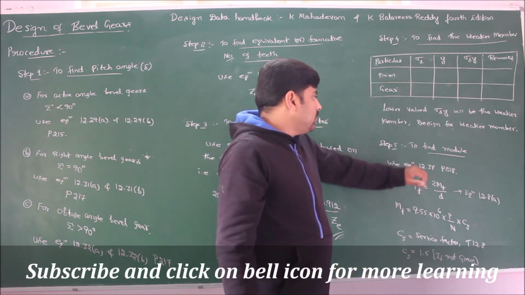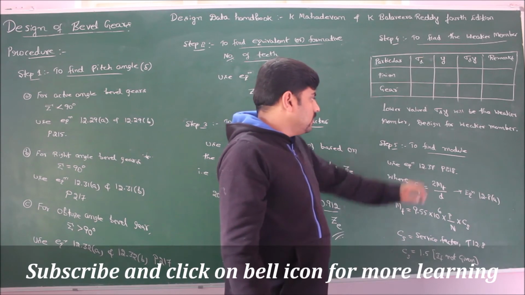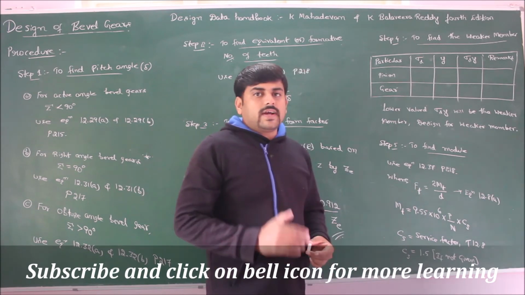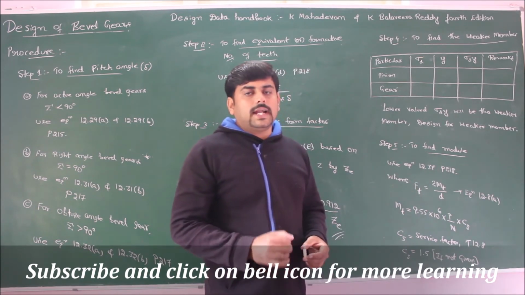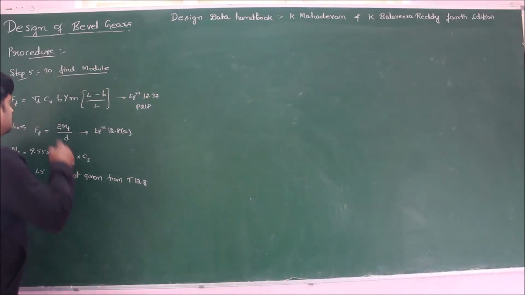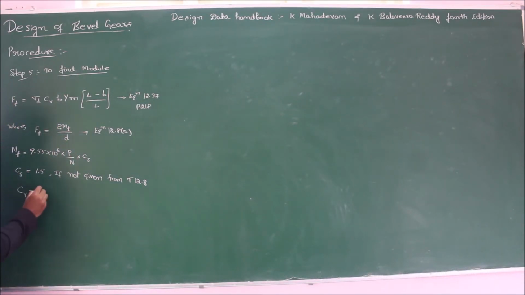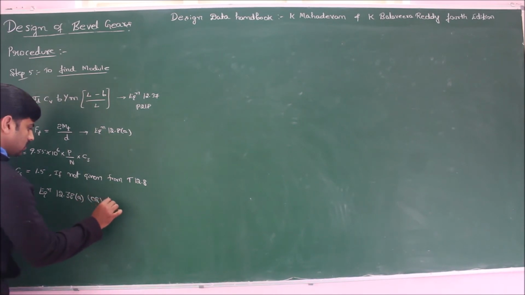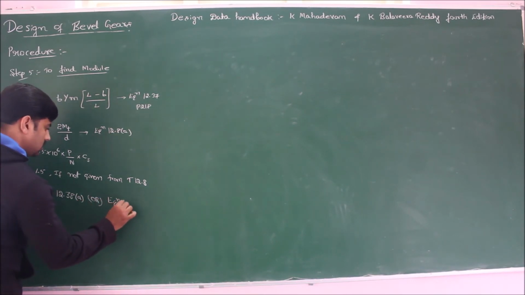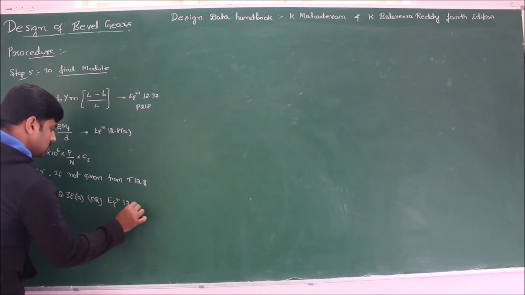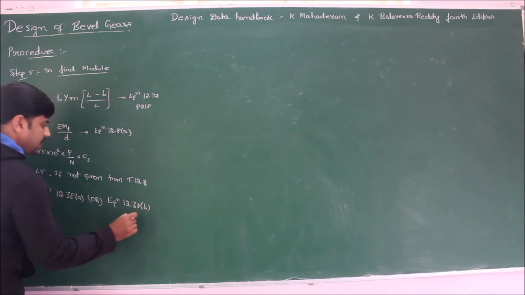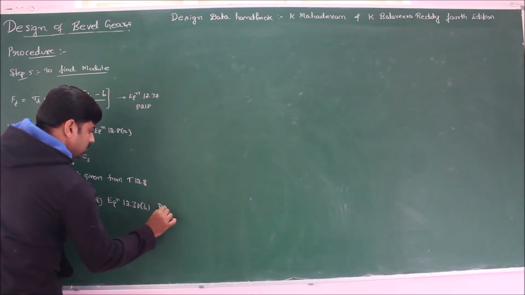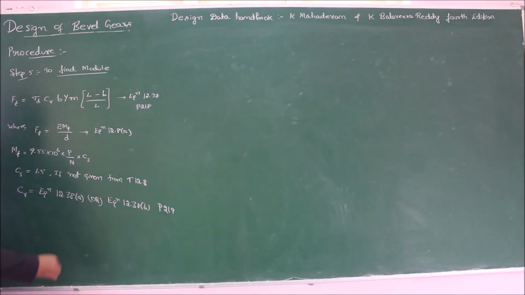And in the same equation 12.37, we should know the value of velocity factor CV, face width B and length L. Next, the value of CV is given by equation 12.38A or equation 12.38B presenting page number 219.